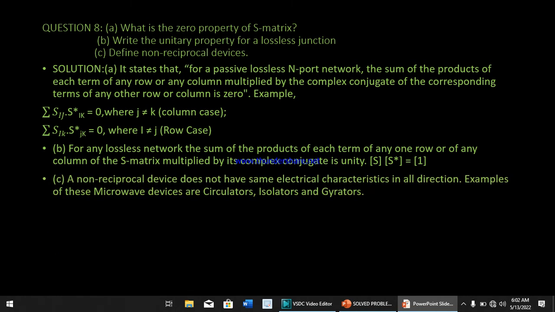That is a unitary matrix. And the C part says define non-reciprocal devices. A non-reciprocal device does not have the same electrical characteristics in all directions. Examples of these microwave devices are circulators, isolators, and gyrators.